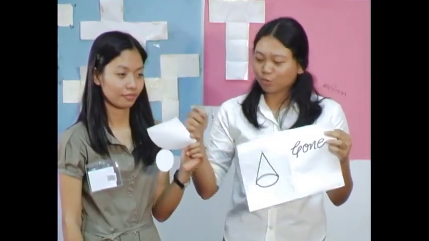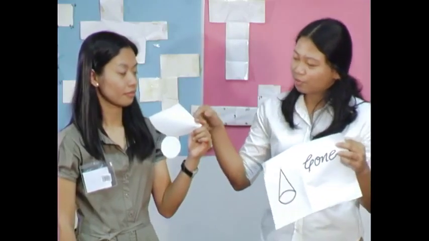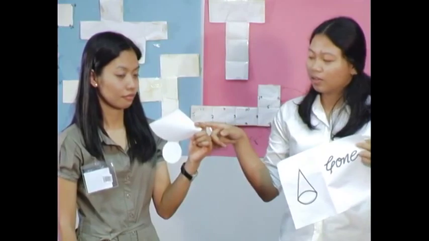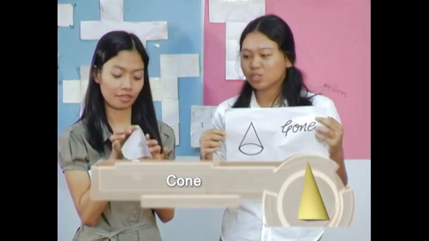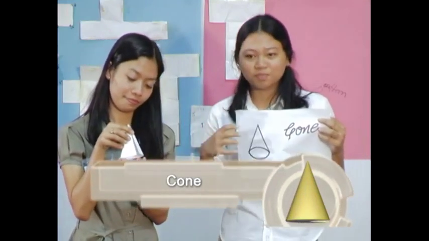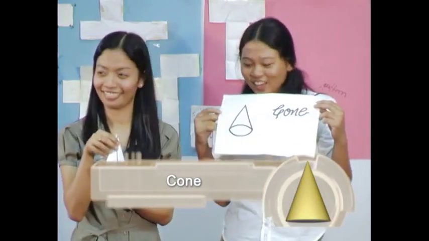Okay, next group, Marilu, your group. We are assigned to figure out what solid figure will form in this paper. We come up with a cone which has one vertex and a circle as a base. Any questions? None. Now, what is the relationship between the circumference of this circle with respect to this one here?